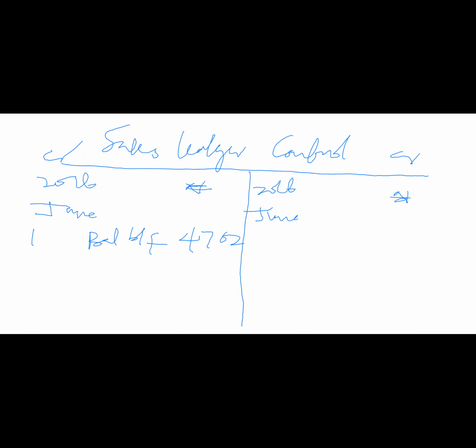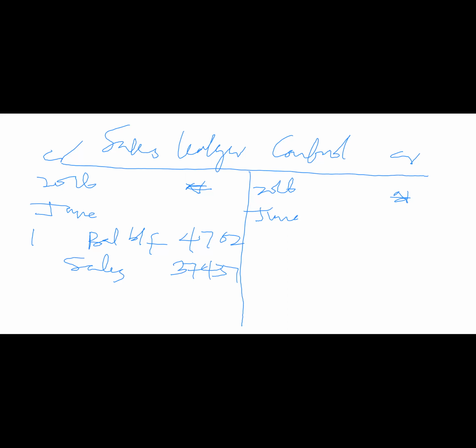So that will be sales of about 37,437. Then the next one is purchase journal balances.